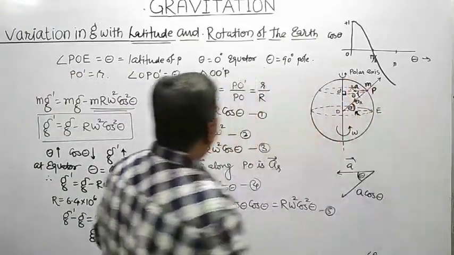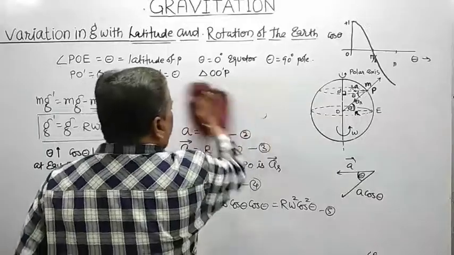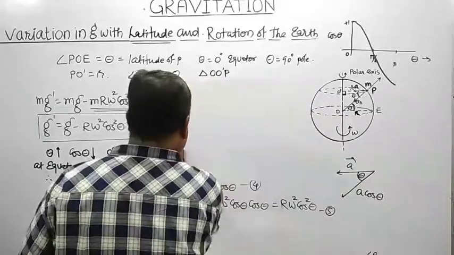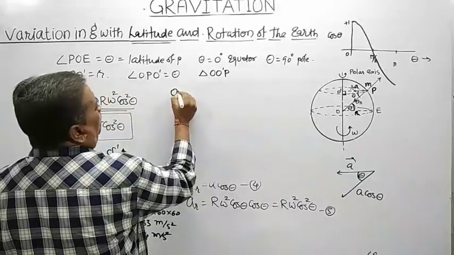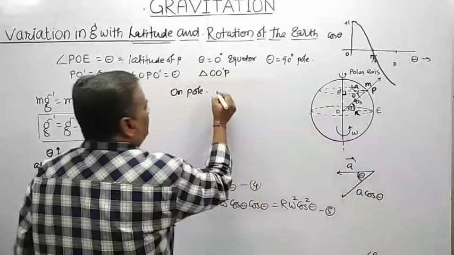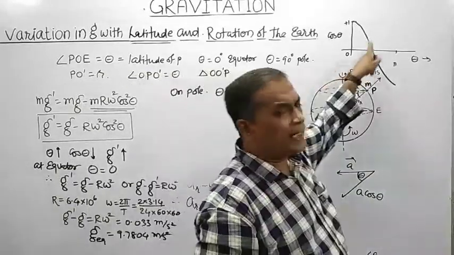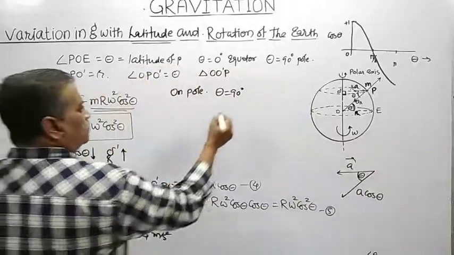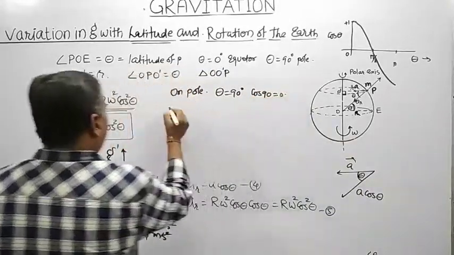On the pole, when the particle is on the pole, what is angle theta equal to? When the particle is on the pole, angle theta is equal to 90 degrees. Cos 90 is 0.